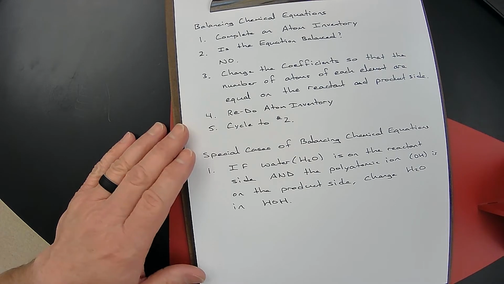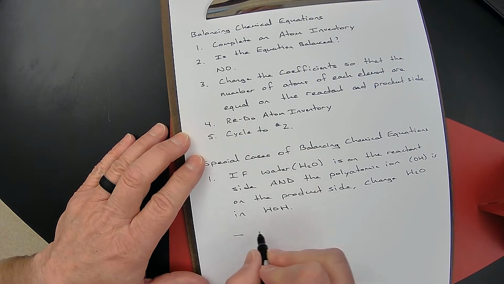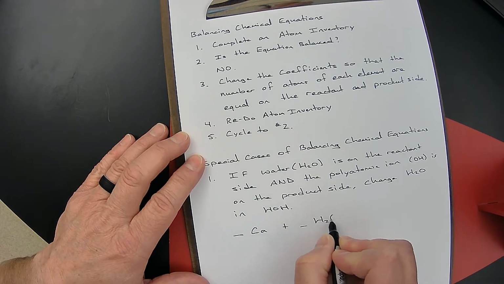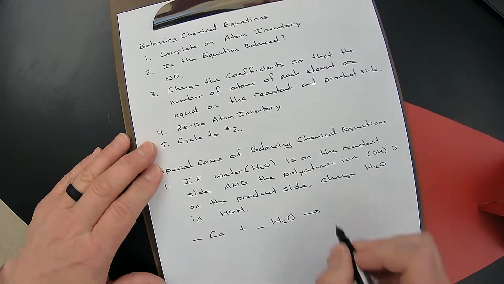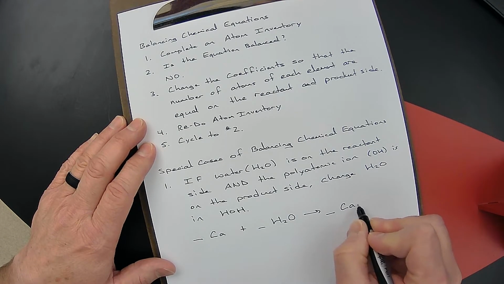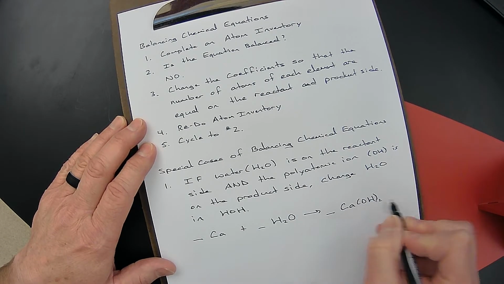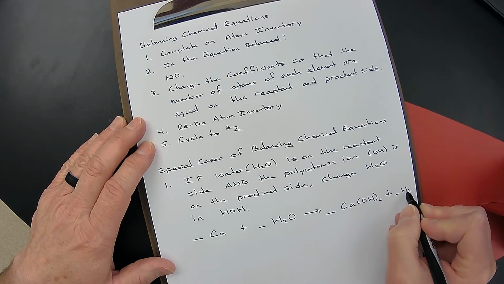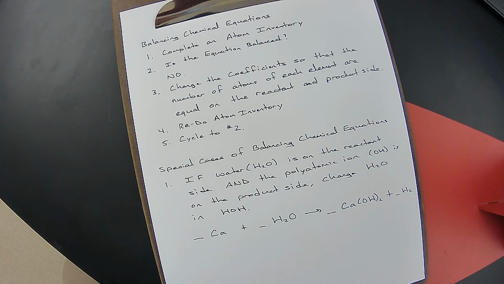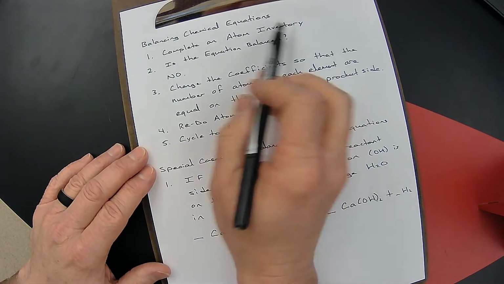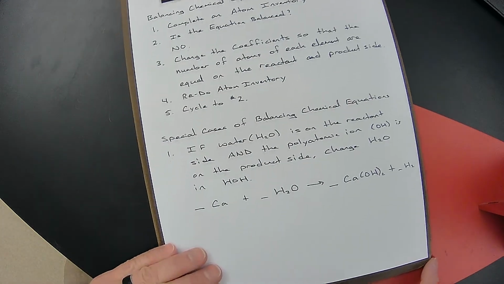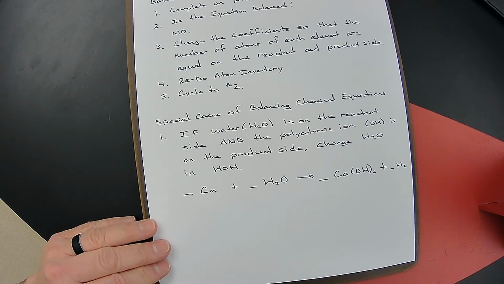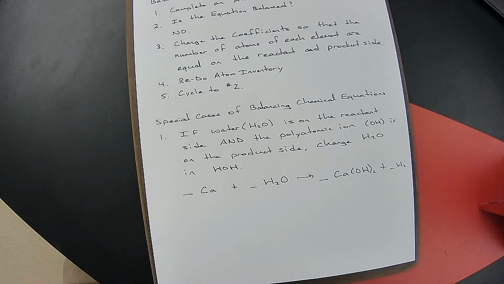The problem that I'm going to do for you is this. It's going to be Ca, the metal Ca, reacting with H2O, turning into Ca(OH)2 plus H2. If we were to solve this equation just our regular way, atom inventory and do all of that, it would be fine, but in many cases it would be very difficult to solve without doing this hint.